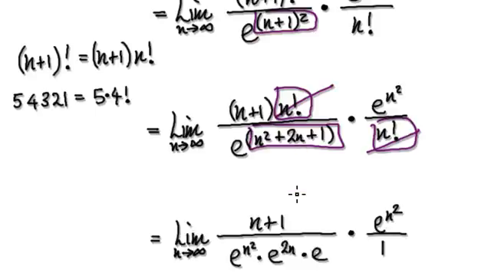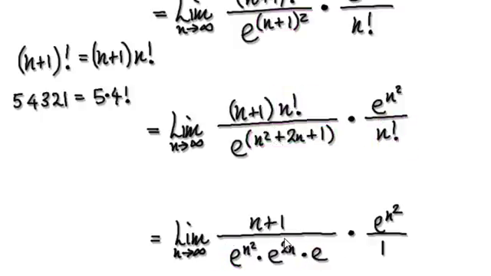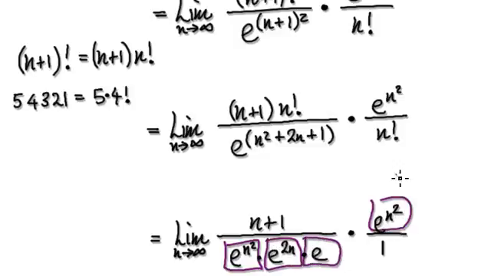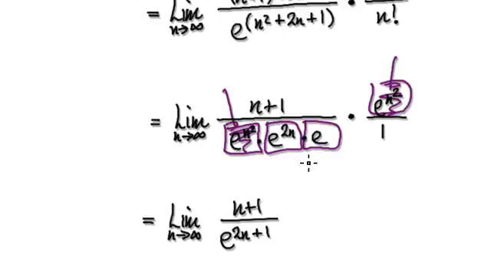But then rewrite this as this, so that now what you've got is one block multiplying another block. Looking at this block here, it gets cancelled out with this. So these two will cancel out, leaving you with this.